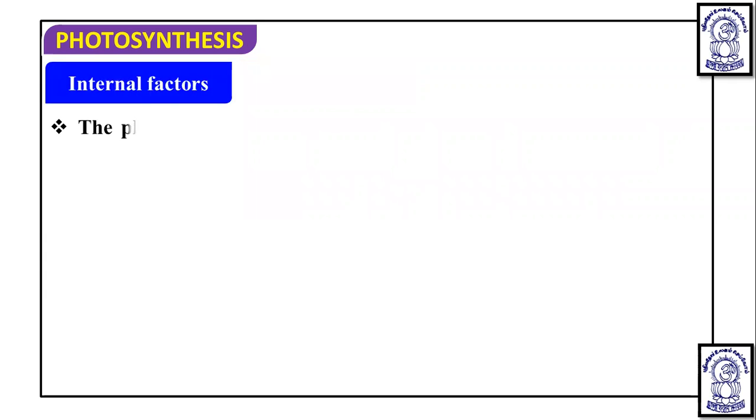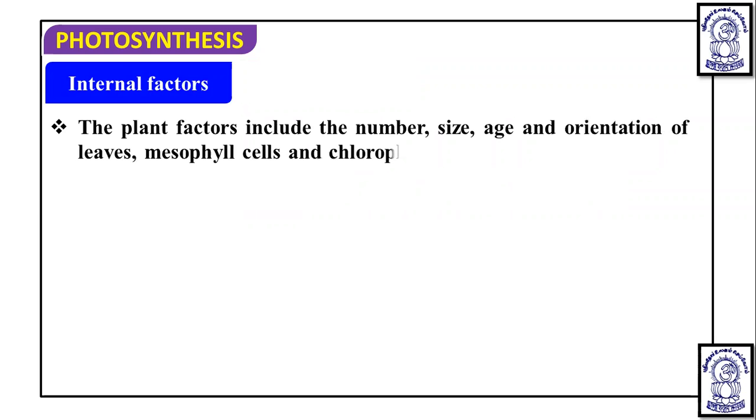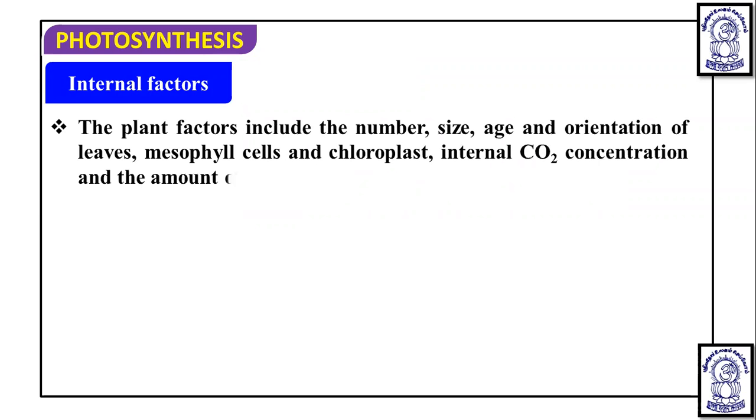Internal factors are obviously called plant factors, and these plant factors include the number, size, age, and orientation of leaves, along with the number, size, age, and orientation of mesophyll cells, the number of chloroplasts, internal CO2 concentration, and amount of chlorophyll.